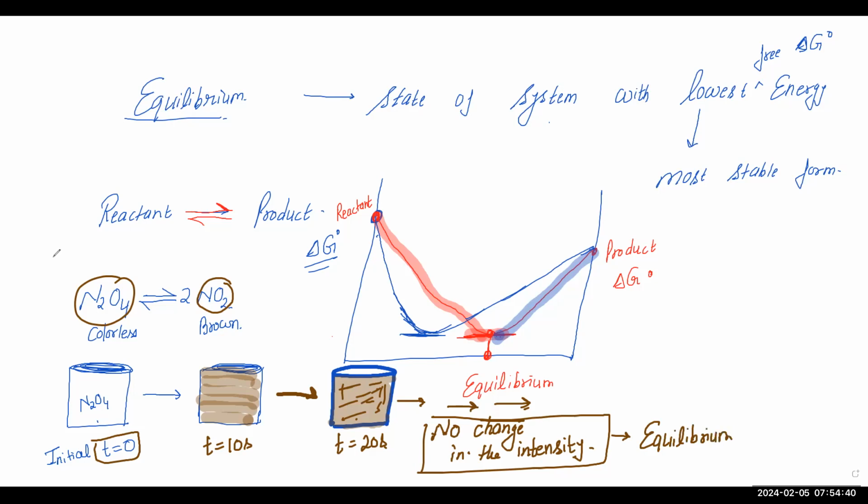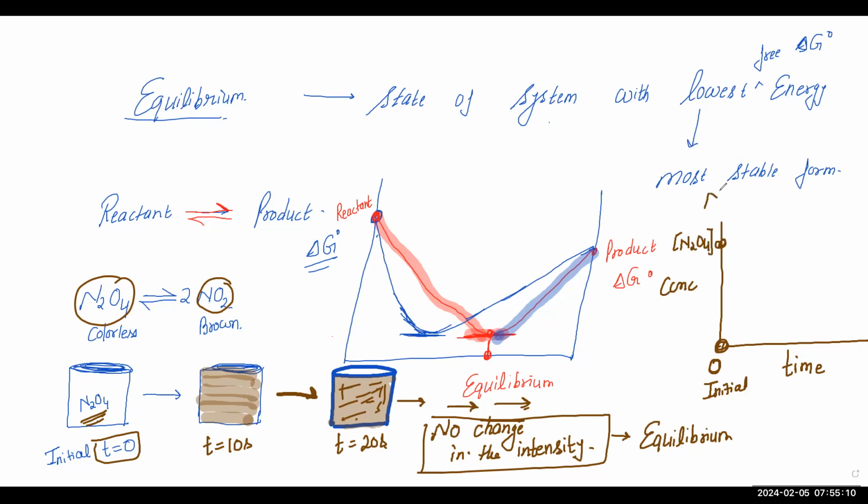If I ask you to make the graph of this graphical representation, here children, this is time. I started with 0 time, initial. What is there initially? Only N2O4. So let's say this is the concentration here and this is the concentration of N2O4.